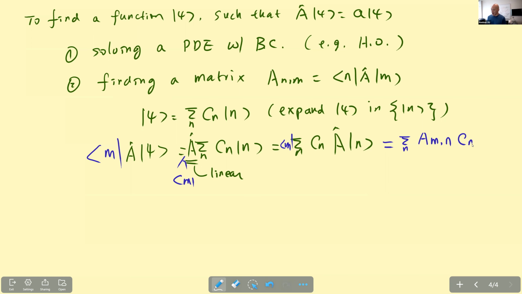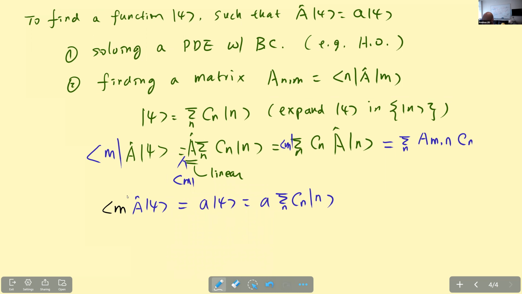Wonderful. And suppose this is an eigenstate, and we also have A ψ equals to a times ψ. That equals to a summation of m, c_m ψ_m, right? And now you can again do the same thing.